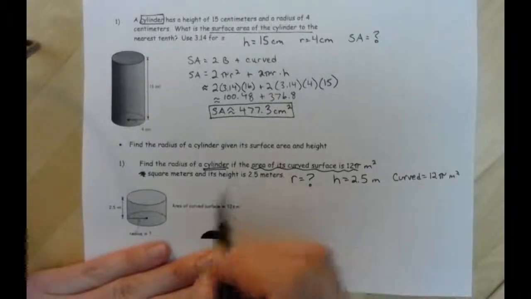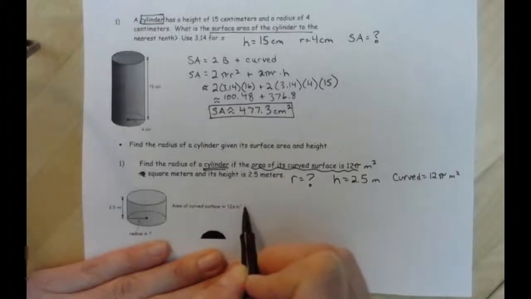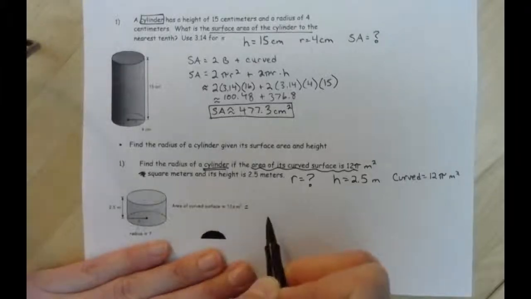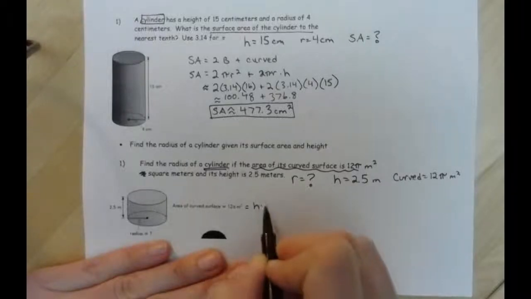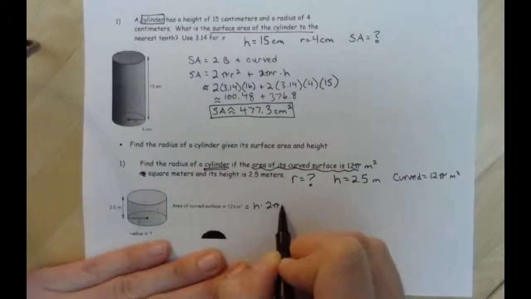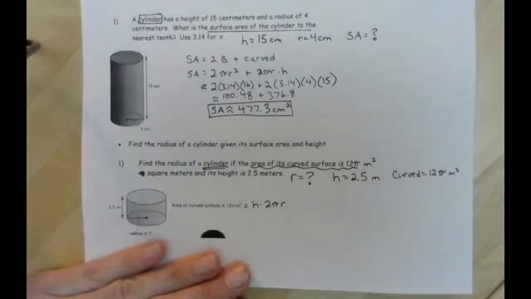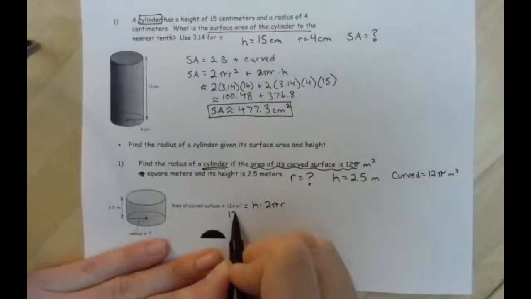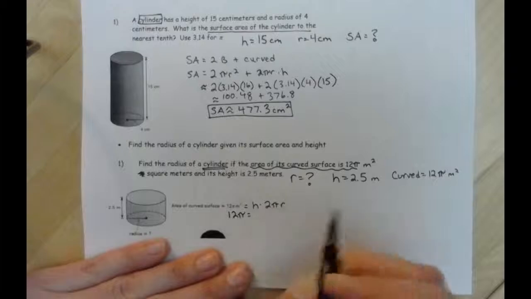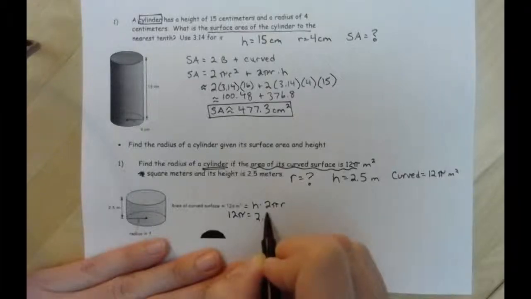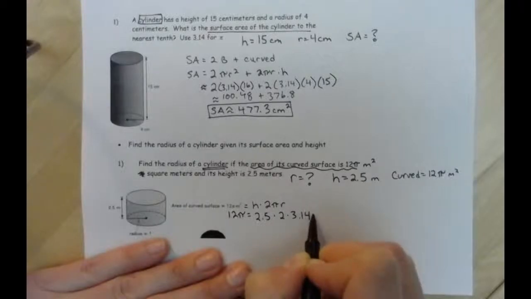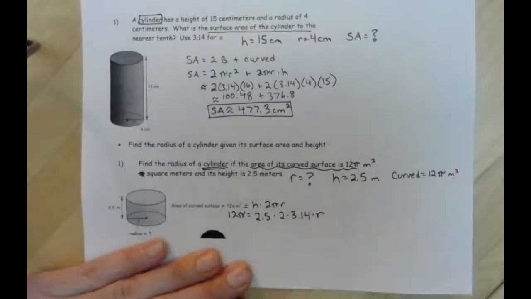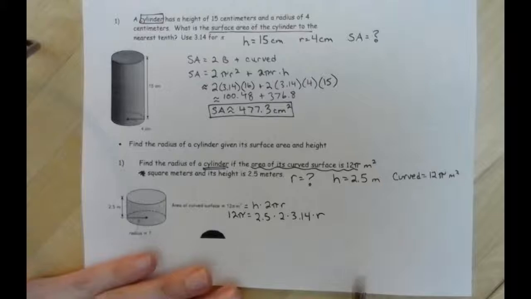And of course we know that the curved surface is equal to the height times the circumference, which is 2 pi r. So that means that 12 pi is equal to the height of 2.5 times 2 times pi times r, and we don't know what r is.